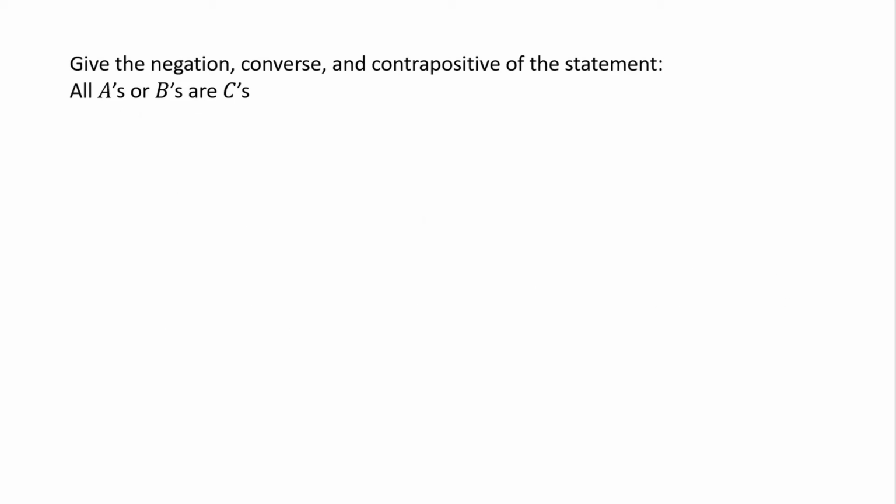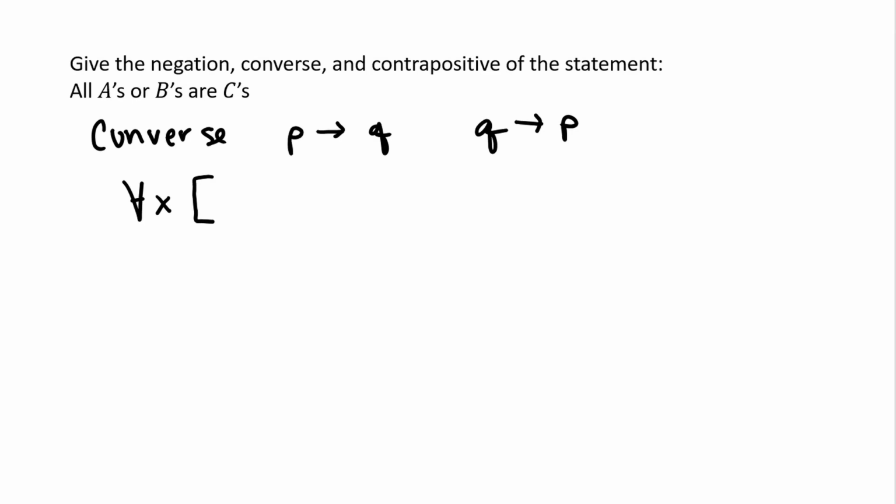Okay. The next part is to find the converse, and what the converse does is it switches the hypothesis and the conclusion. So a converse of P implies Q is Q implies P. Again, it's much more straightforward for me to do this symbolically, so I'm going to say all X, okay, and that is an X that's an element of C is either X an element of A or X that belongs to B. So symbolically that's correct, but we need to write this in an English sentence.